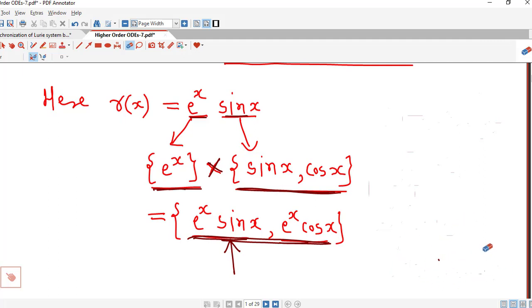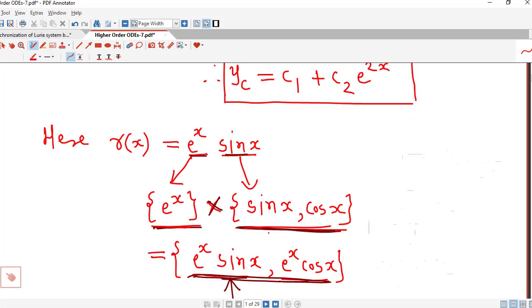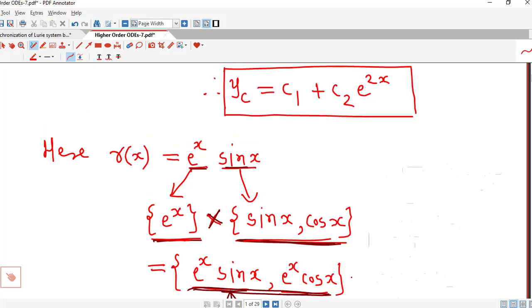Here we are discussing the product of two functions. First we have written the corresponding families, then we have taken their Cartesian product, and then we check whether any member of this Cartesian product is present in the complementary function or not. Here there are two functions, e raised to x sin x and e raised to x cos x.